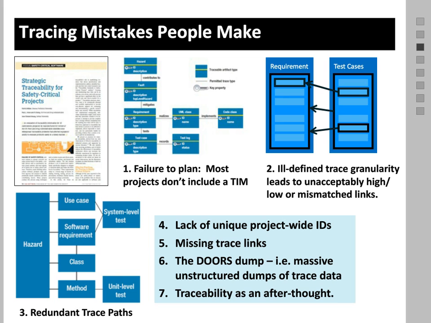So these are some of the problems that we identified: a lack of planning. I've already discussed the importance of that. Ill-defined trace granularity, so it looks as if the trace links are very ad hoc. Redundant trace paths, missing links, and basically traceability is an afterthought, and that seems to be a recurring theme.